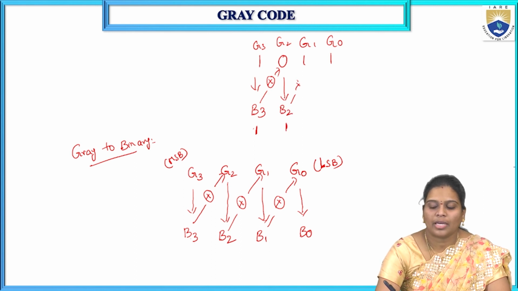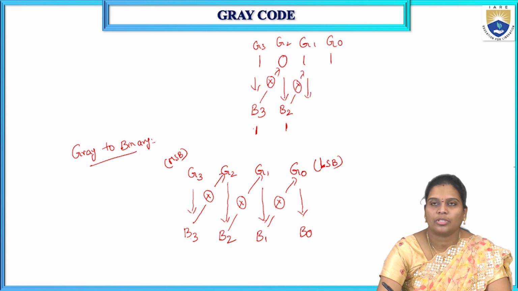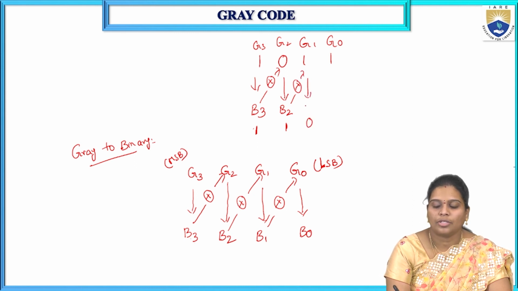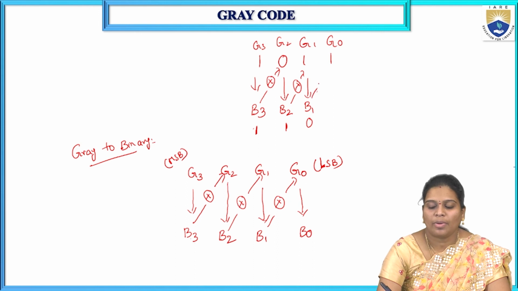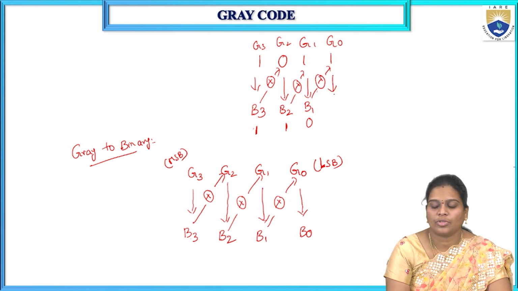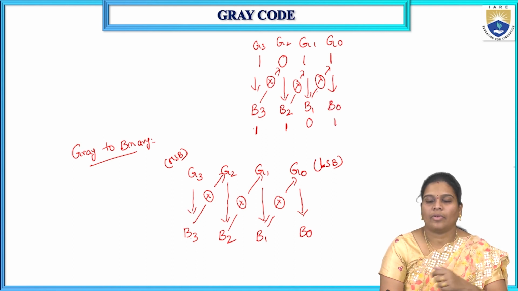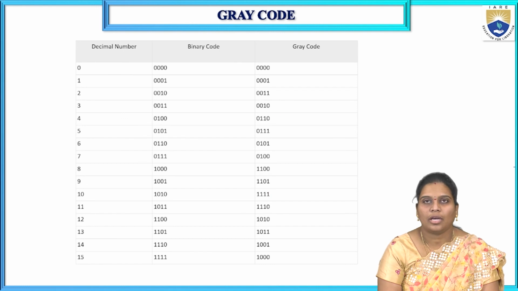Next one, 1 XOR 1. When both inputs are the same, the output is 0, B1. B1 XOR G0, 0 XOR 1. Different inputs, so the output is 1. So 1, 1, 0. So this is the truth table for converting binary to gray code conversion.